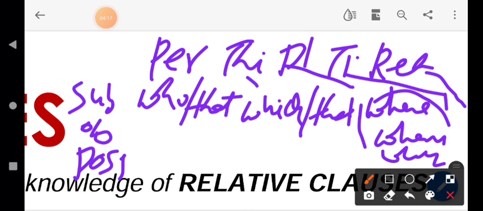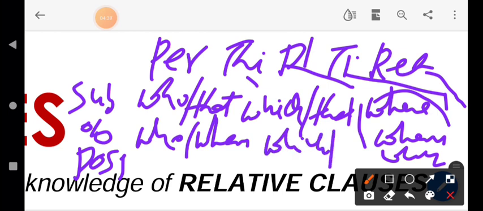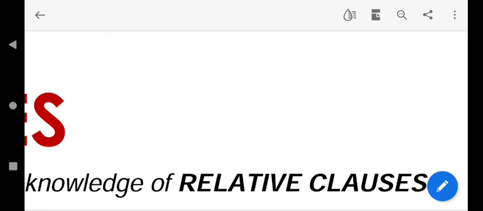For reason, why. These are the adverbs, the relative pronouns. But in the object position, we use either who or whom for person. Both are correct. For things, we use which or that. Both are correct.